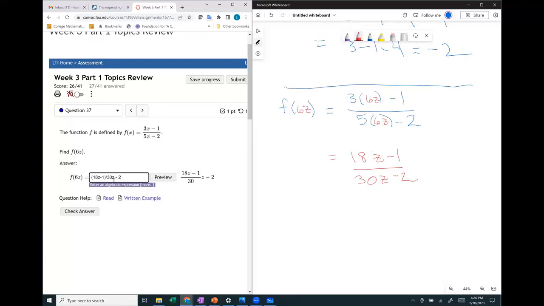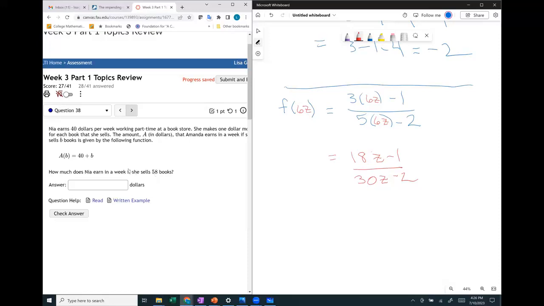See, 30z, I have to put parentheses around that, because without it, it doesn't know you mean the whole thing. So I have my numerator, 18z minus 1, my denominator, 30z minus 2, and the way I tell it is using parentheses.